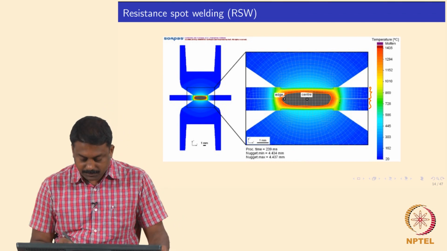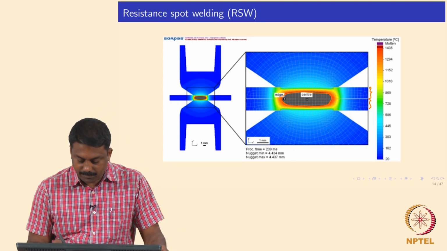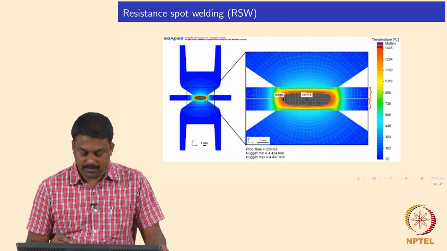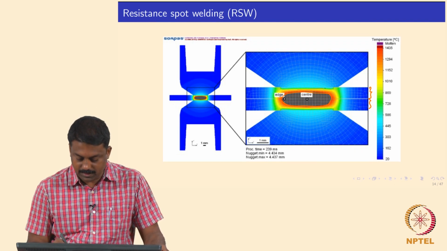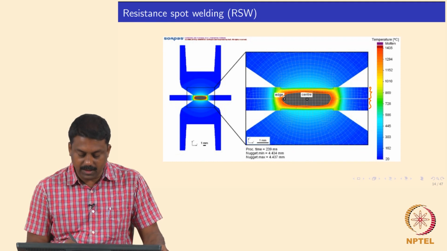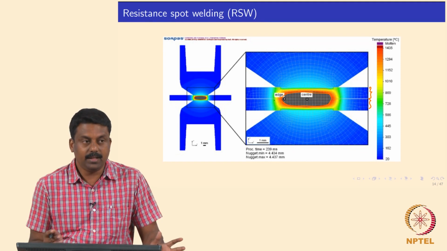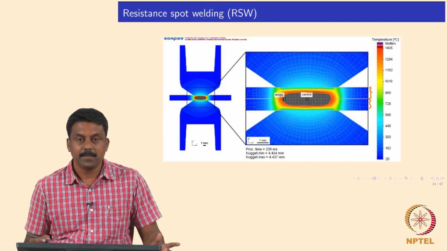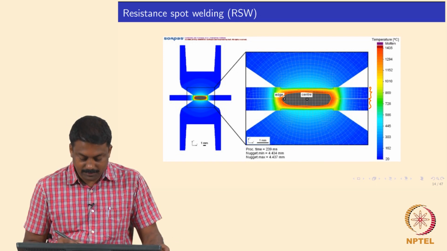The nugget we form is generally elliptical in shape. But you will have something like this, and the splashing happens. For example, if the fusion boundary extends to the surface of the plate, then you will have splashing, is it not? It is clear.